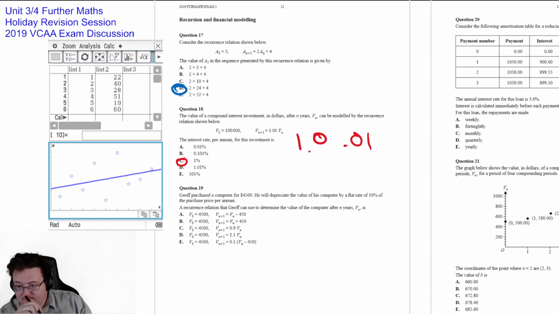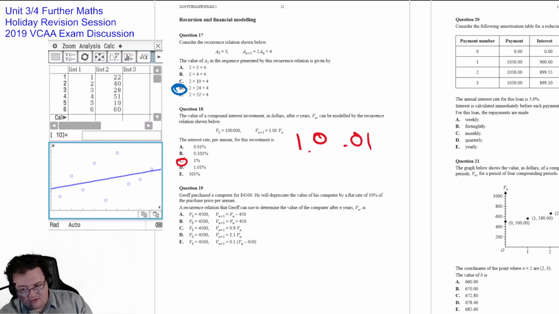Done. Nice and easy. Jeff purchased a computer for $4,500. Good on you, Jeff. He will depreciate the value of his computer by a flat rate of 10% of the purchase price per annum. That's not how I depreciate a computer, but that's beside the point. Which recurrence relationship can Jeff use to determine the value of the computer after n years?